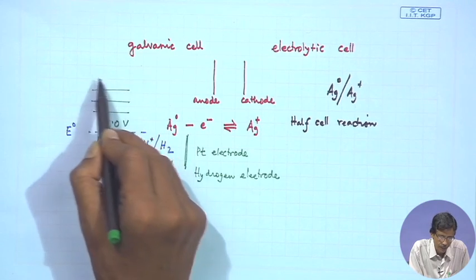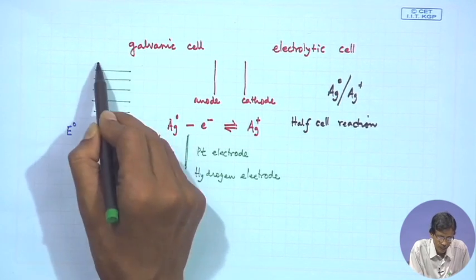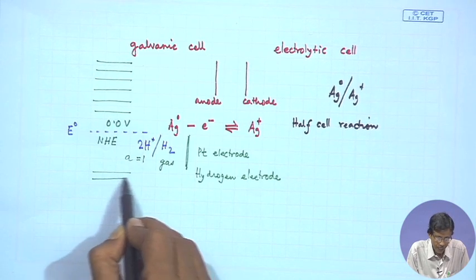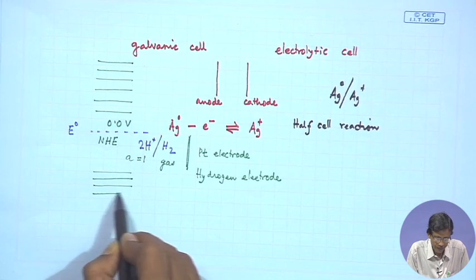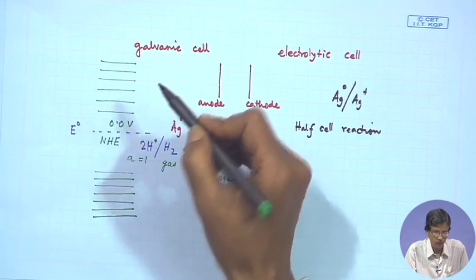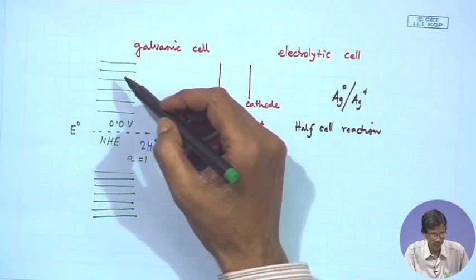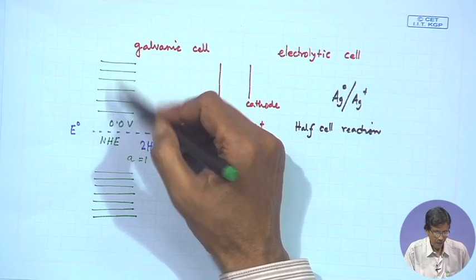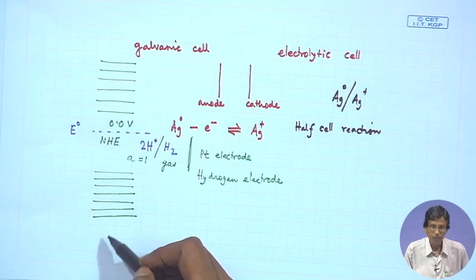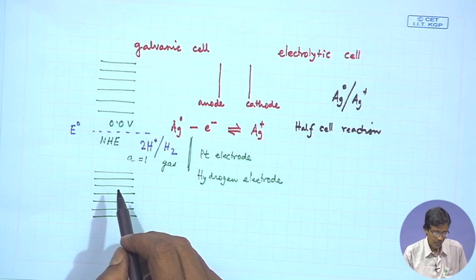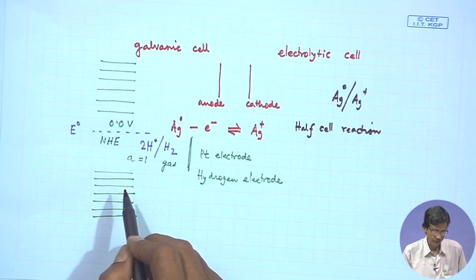That means whether the species has more or less electron transfer tendency compared to your hydrogen electrode. So, that is why some of these metallic species or other non-metallic species will be above the hydrogen electrode or below the hydrogen electrode, depending upon their tendencies for oxidation or reduction reactions.